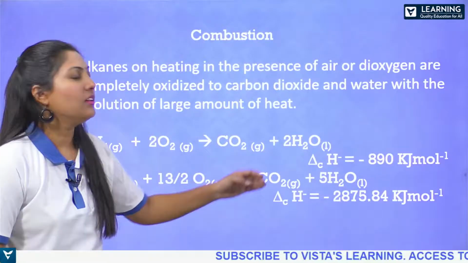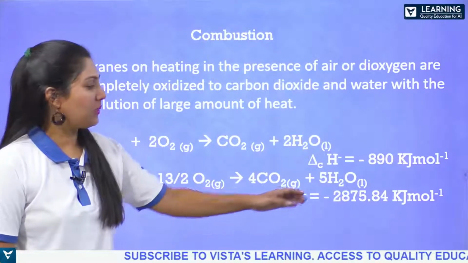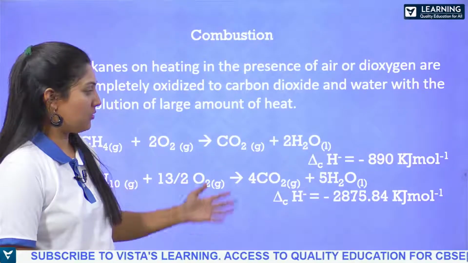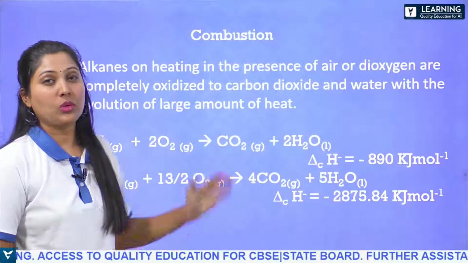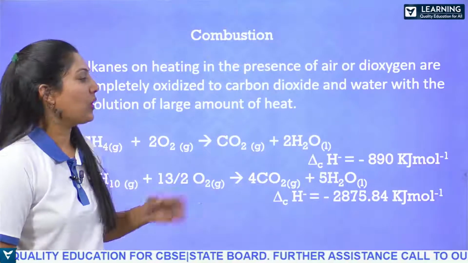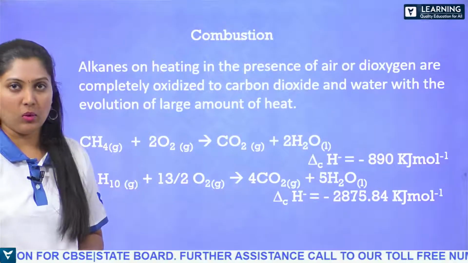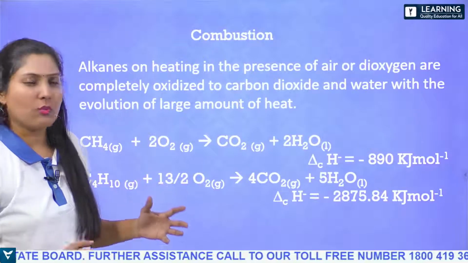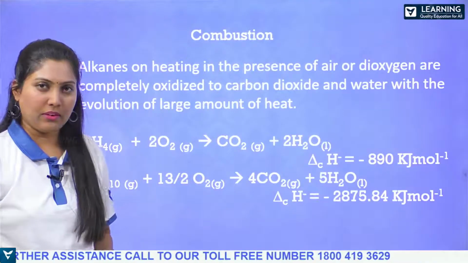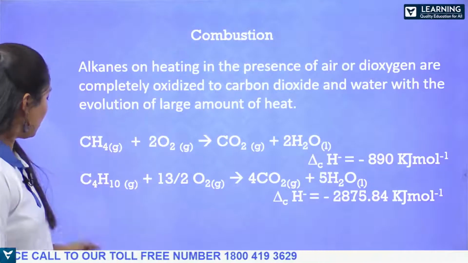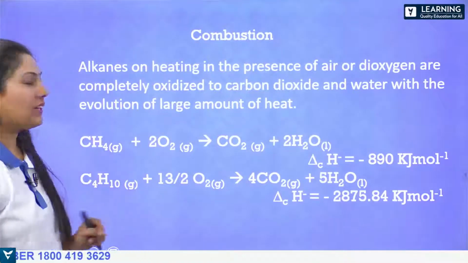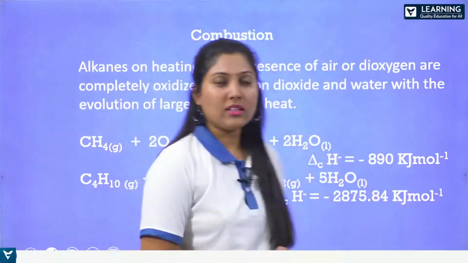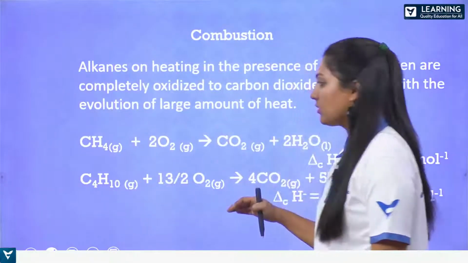You can see here the enthalpy of combustion is minus 2875.84 kilojoules per mole. So a huge amount of energy is liberated, right? Here you can also find one more thing when we are writing this equation. What is that? The balanced equation, right?